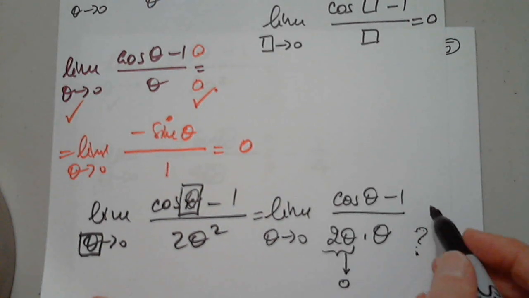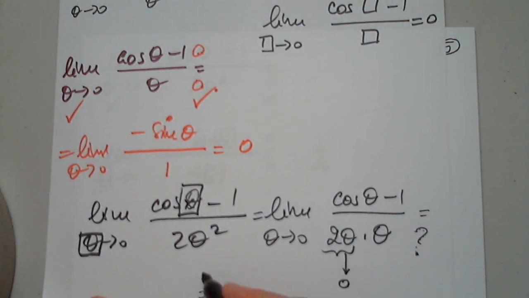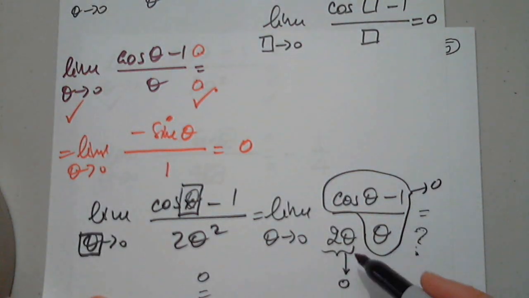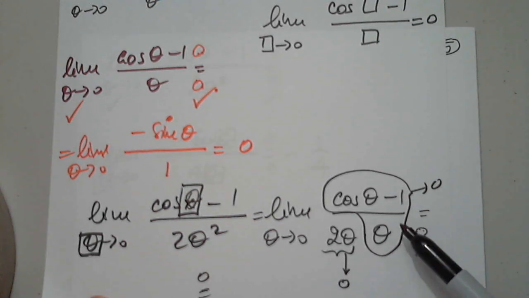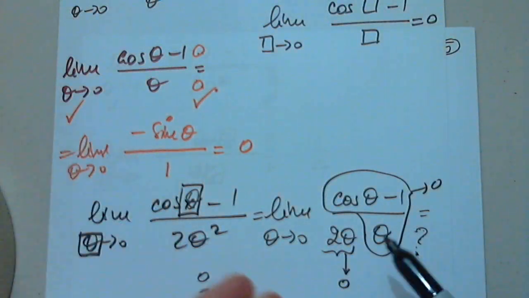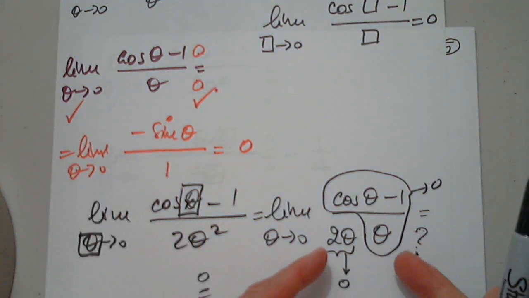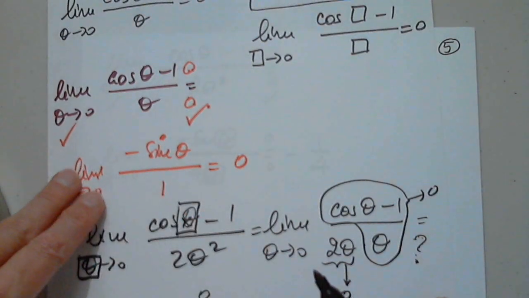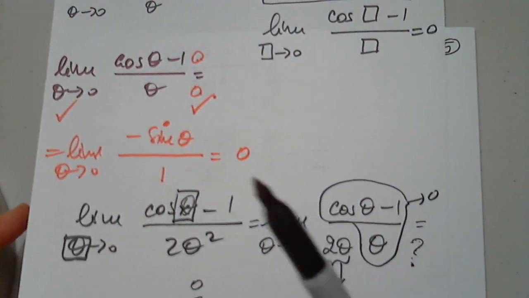That's why I said, okay, I have right now 0 over 0, because this approaches 0 and this approaches 0, right? So I'm back to 0 over 0. I could have used L'Hopital's rule, but from here, because I will just go back and multiply, instead I just went back to from scratch.